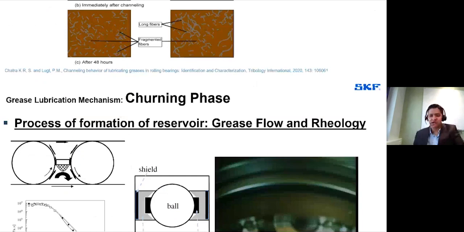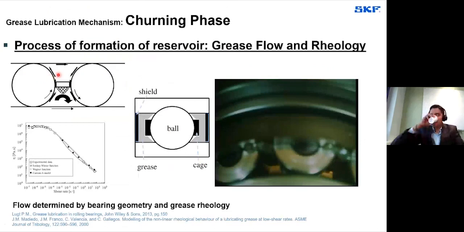Here, what you see is the formation of the reservoir. I already explained that once you start your operation, the grease which is present between the rollers and outer ring will be pressed towards the outer ring or into the shields, and that will stay there, and it will contribute back to the lubrication by oil bleeding from the reservoirs they formed.